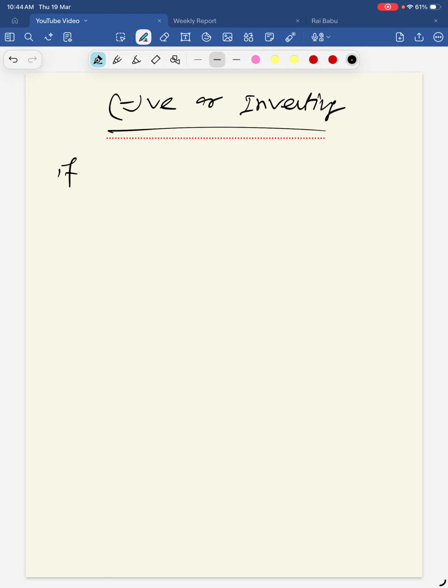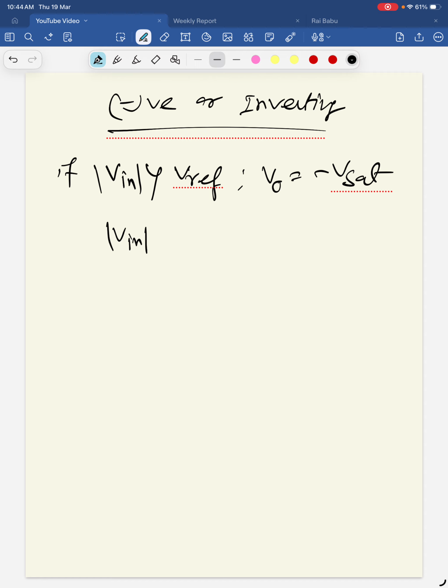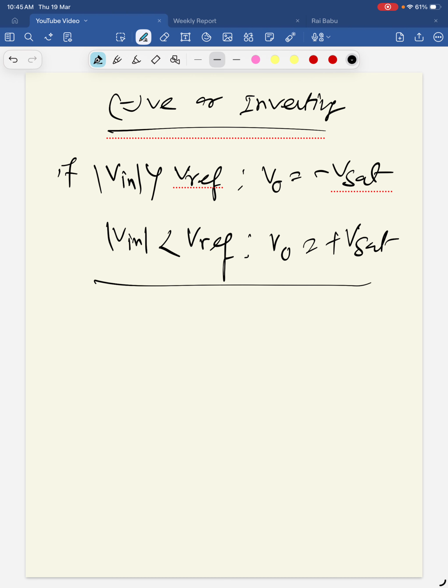If V in is greater than V reference, then V0 should be minus V sat, just opposite to the earlier. And if V in is less than V reference, then V0 should be plus V sat. So these are the conditions. But always, my dear students, remember the output should be either minus V sat or plus V sat, depending on the input level and the type of comparator circuit.